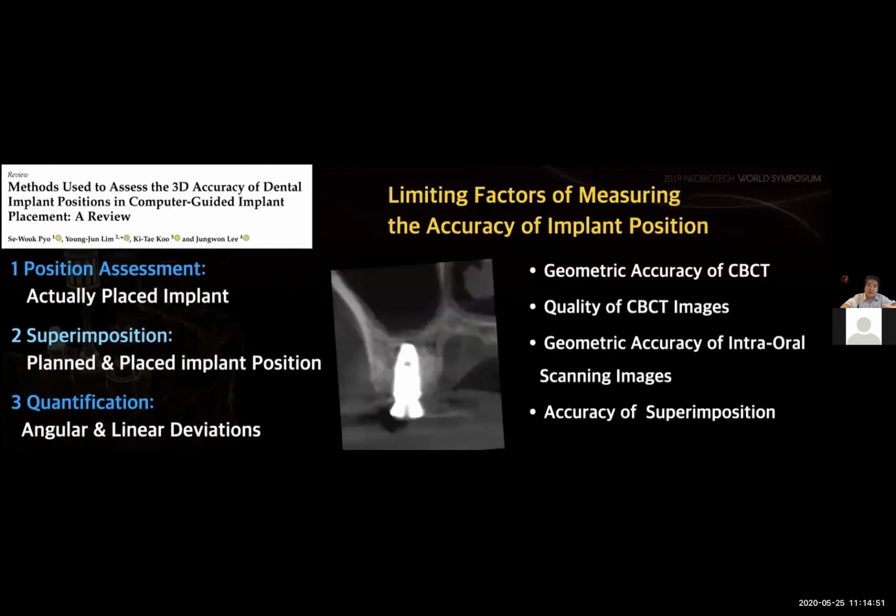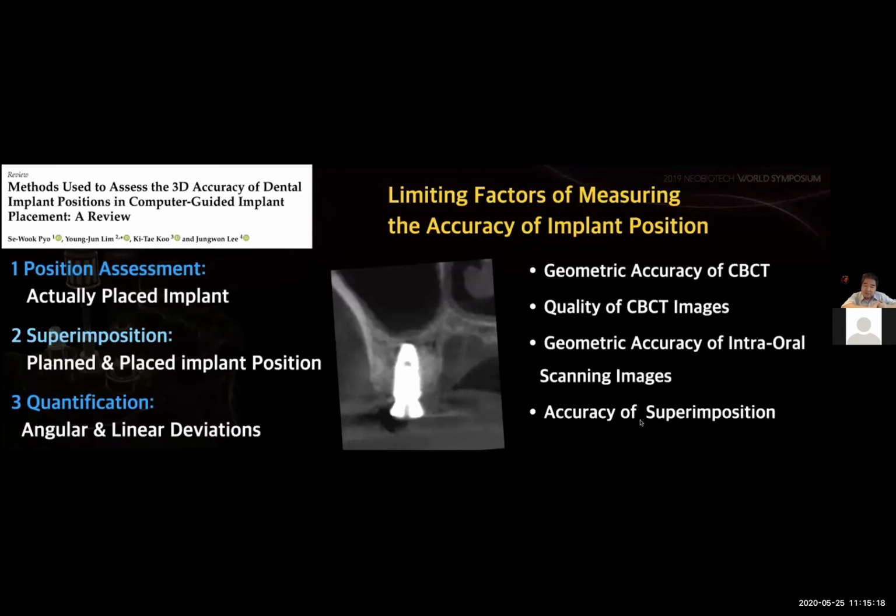But the bottom line, one thing I want to point out, is that no matter what method we choose, it also depends on the accuracy and quality of the CBCT. And if you're using the intraoral scanner, it depends on the geometric accuracy of the intraoral scanning image and also the accuracy of superimposition, how you merge those two images together.